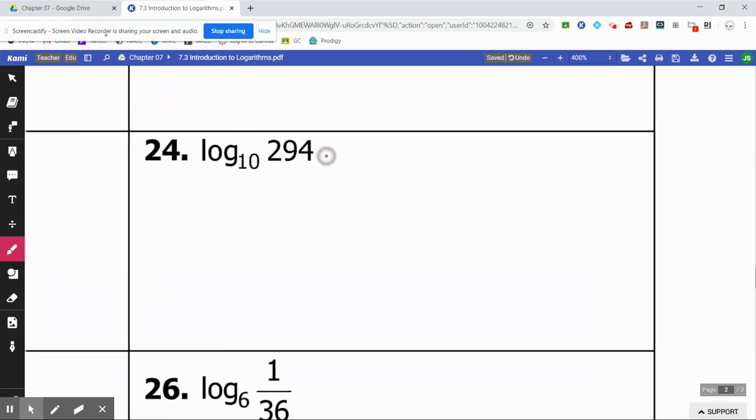Now, this one would be silly to do it this way, but I'm going to do it anyway. Log base 10 of 294 is the log of 294 divided by the log of 10. On bottom, this log of 10, if you type it in, you would get that the log of 10 is equal to 1. So really, we didn't need that bottom.